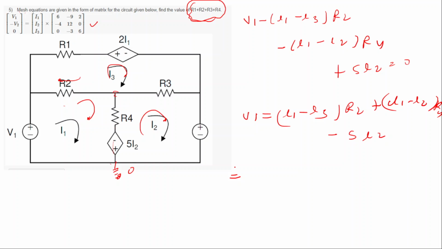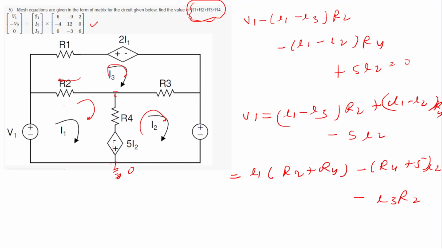I1 multiplied by R2 plus R4, minus R4 plus 5 times I2, minus I3 times R2. Okay, so let's compare with this equation.